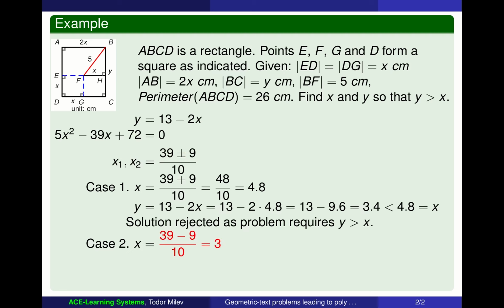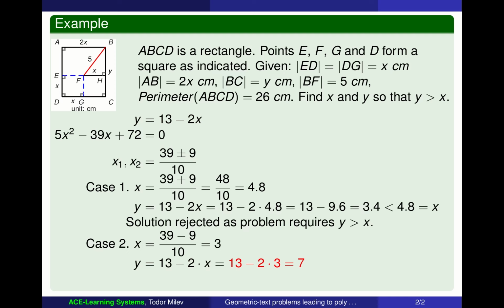So I'm getting 3. And now what's y equal to? Well, y is equal to 13 minus 2 times x, right? We remember that from the start. And now x is equal to 3, so I'm getting 13 minus 2 times 3, which is 13 minus 6, which is 7.